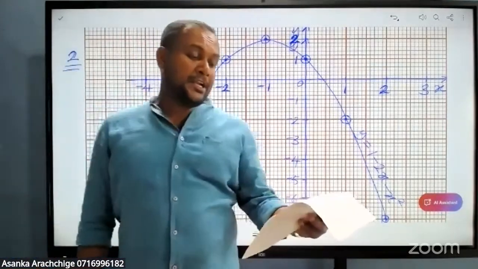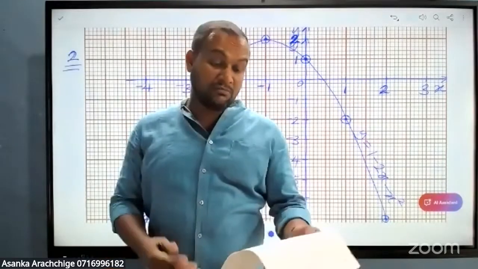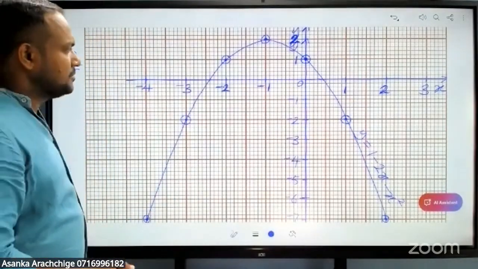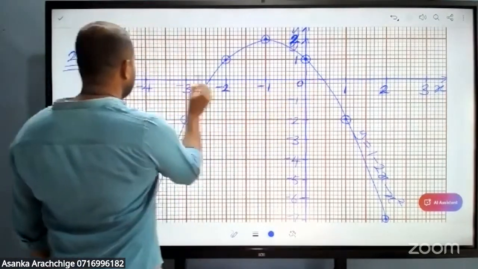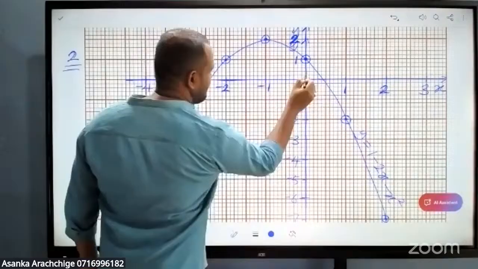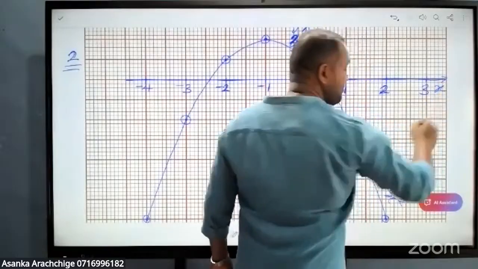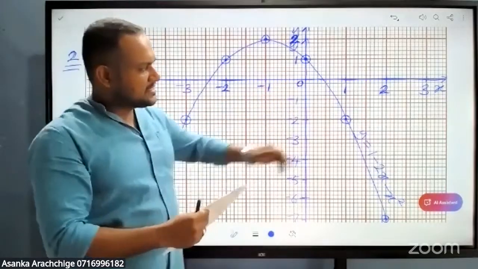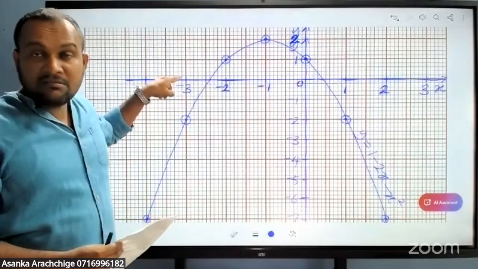Write down the interval of values of x for which y is greater than 0. Today, this is 0 on the y-axis. Then the x-axis is the region of y equals 0.